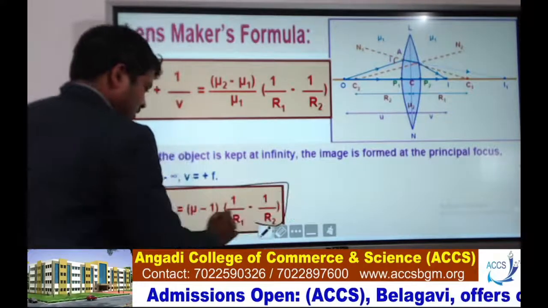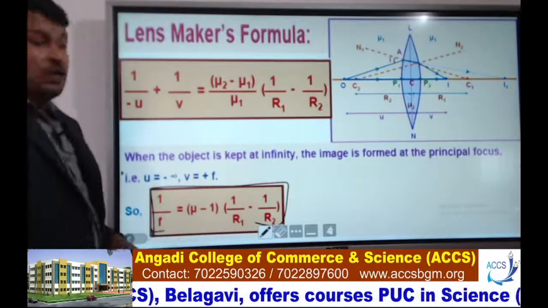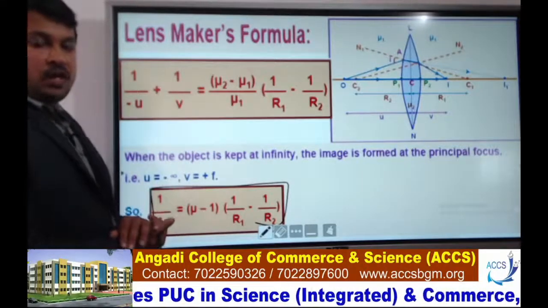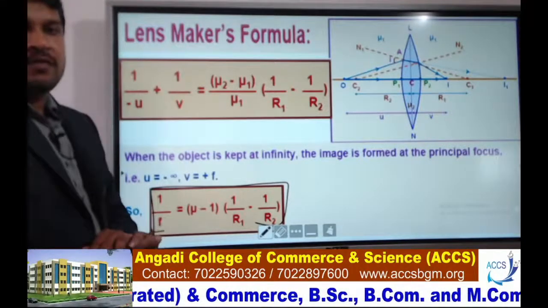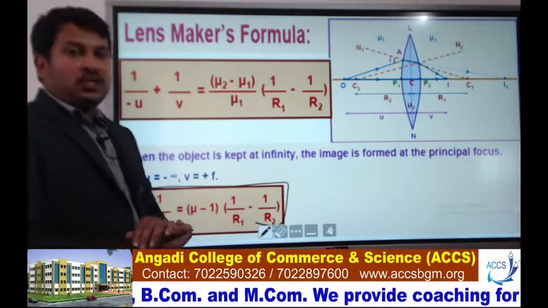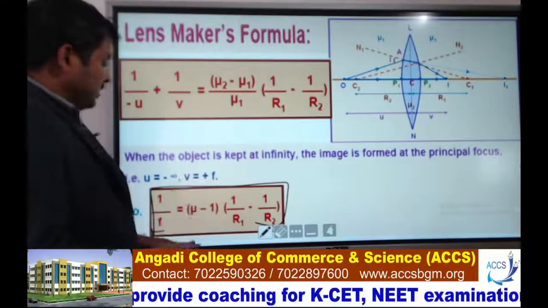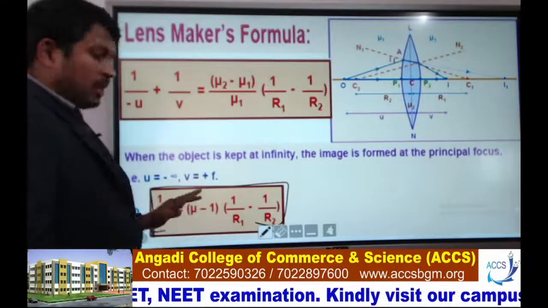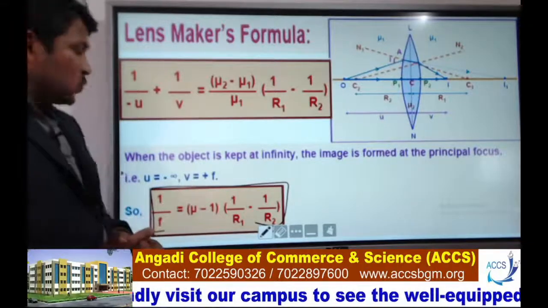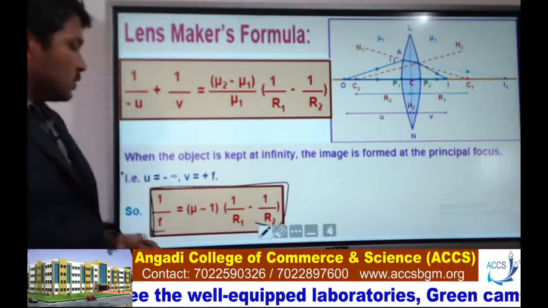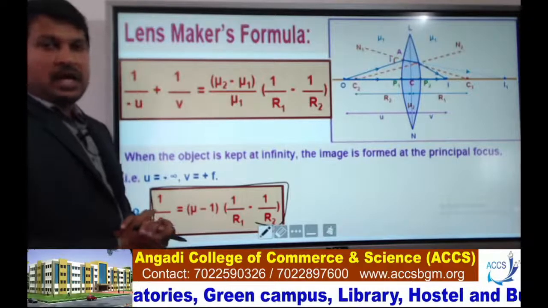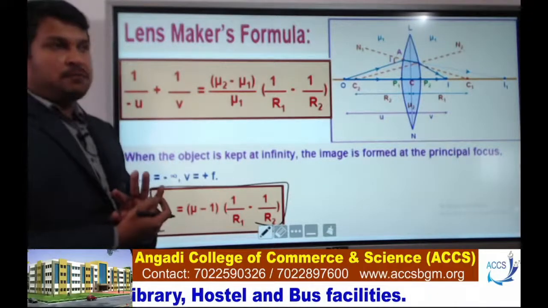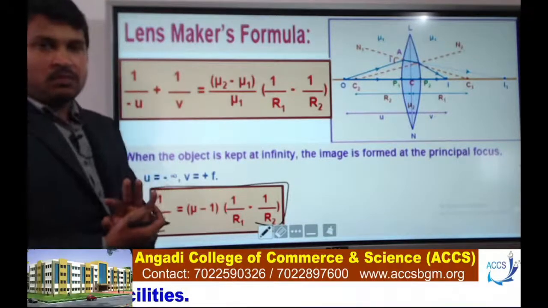Okay, remember the lens maker's formula, students? If two plano-convex lenses are bound to each other, what is the formula you have? That is 1 by F equals N minus 1 into 1 by R1 minus 1 by R2. I think you remember the image formation in lenses.